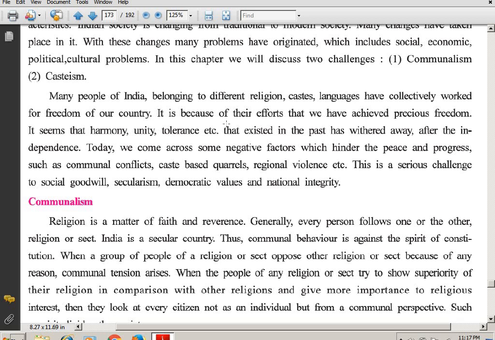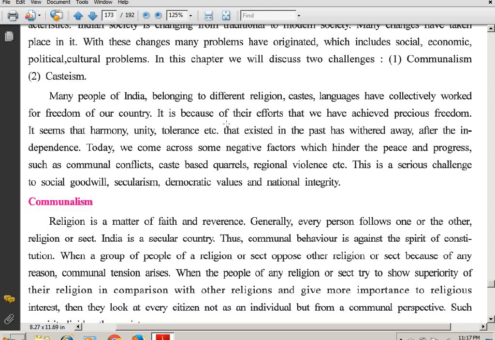It seems that harmony, unity, tolerance, etc. that existed in the past has withered away after independence. So students, earlier, before independence, people of different religions, castes, languages stayed together. They lived together, they helped one another, they collectively fought for the country.